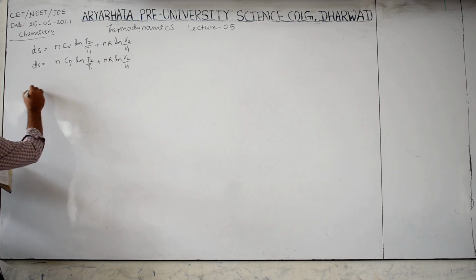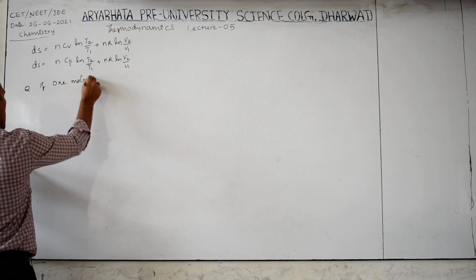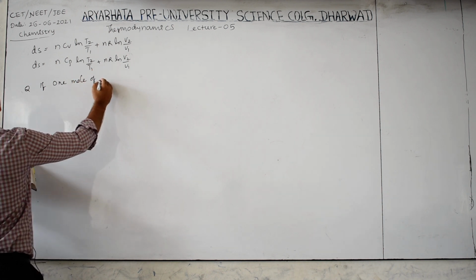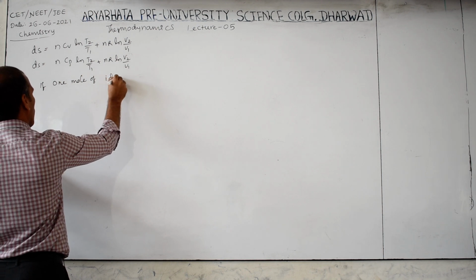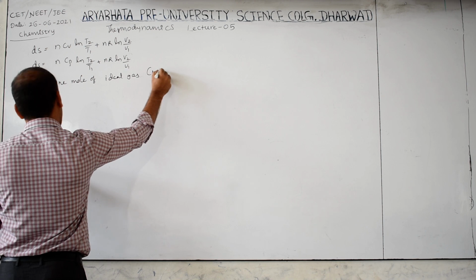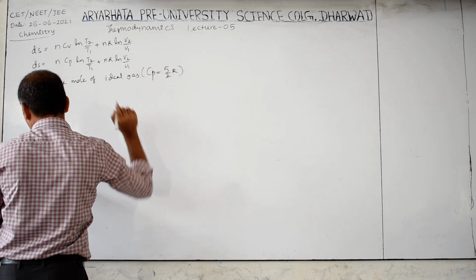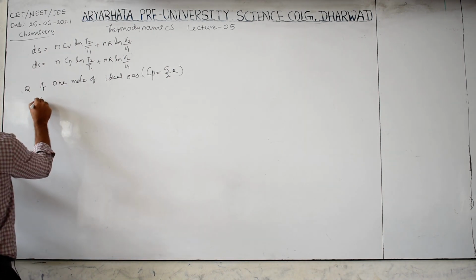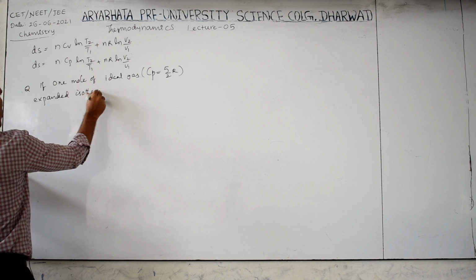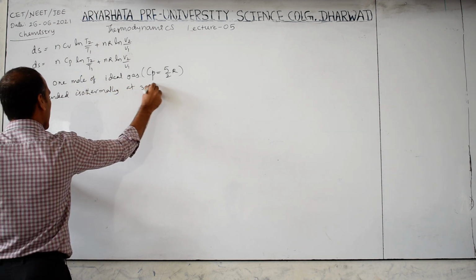If 1 mole of an ideal gas, Cp value given, that is 5 by 2 R, expanded isothermally at 300 Kelvin.